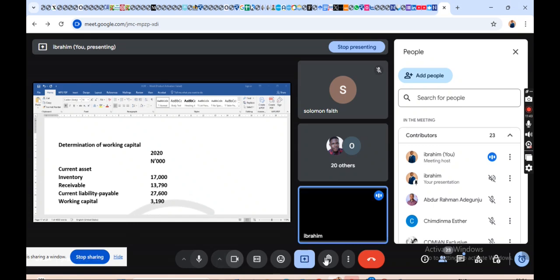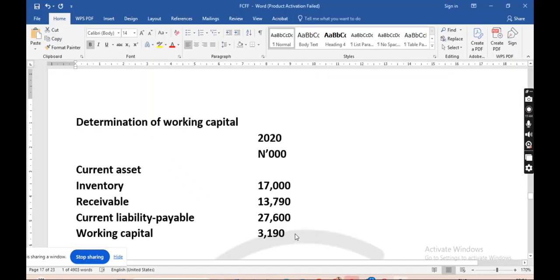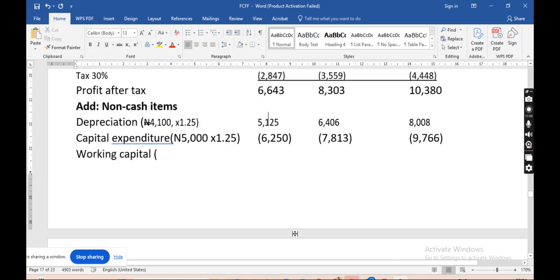We move to this part and we write working capital 3,190 times 1.25. What do you have? 3,988.